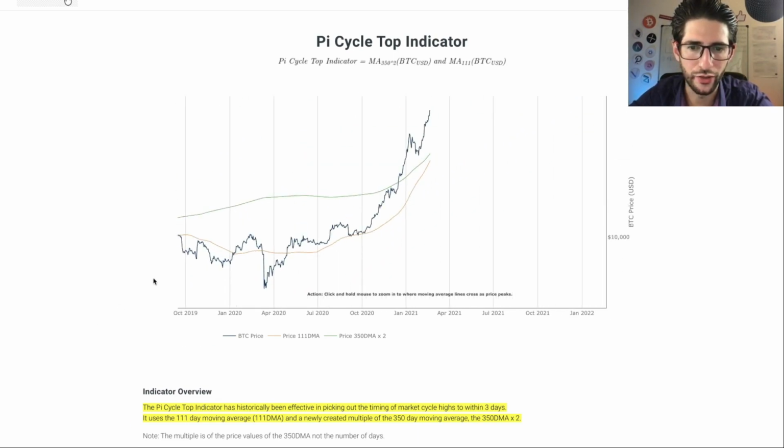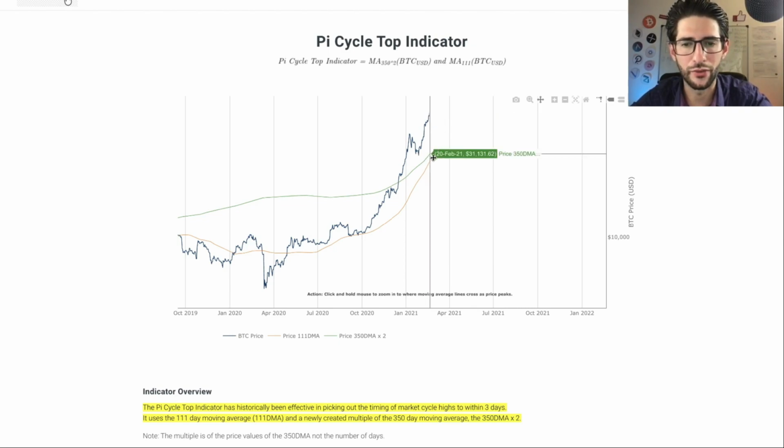And even though we are right here now, and it seems very close to passing the green line, if the market goes down a little, this will retrace, and it could take even weeks or months to properly cross the green line.